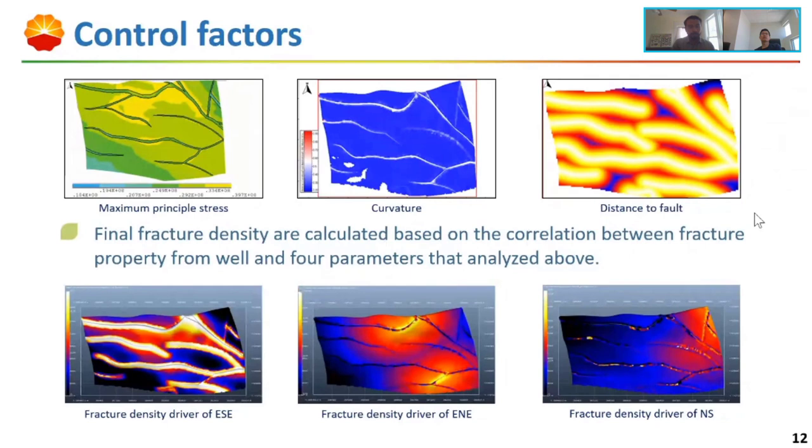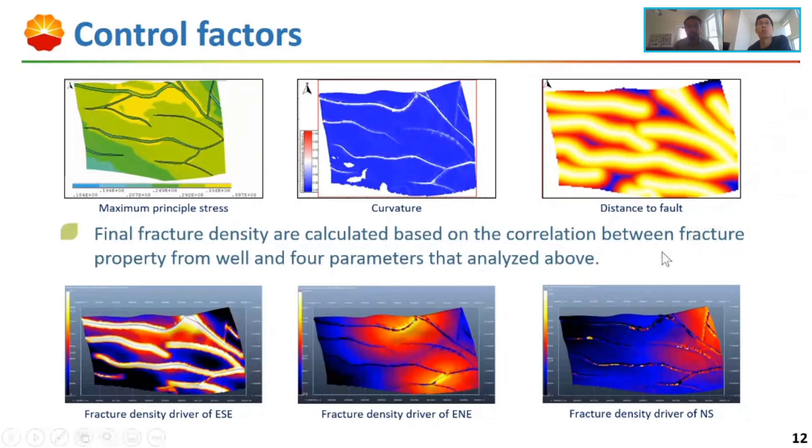You can tell that the point where you have the highest fault throw has the highest maximum stress, and the areas where you have very low fault throw have low maximum principal stress. That tells us that to some extent there is a contrast in fracture intensity between those two points. So this is another geological element that will help us extrapolate the distribution of those fractures.